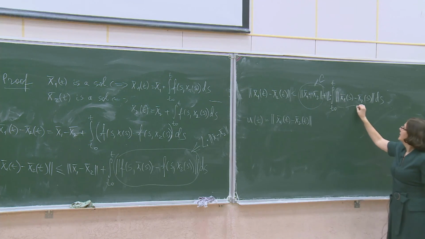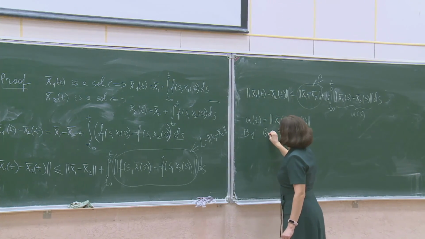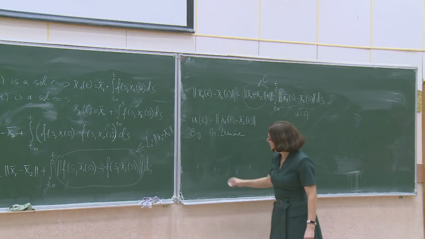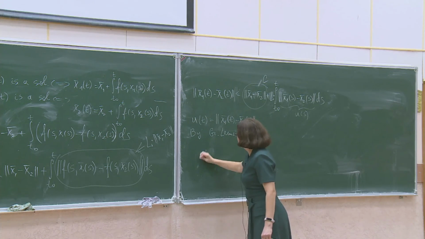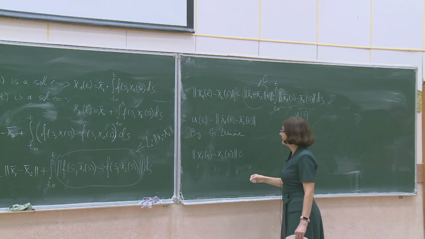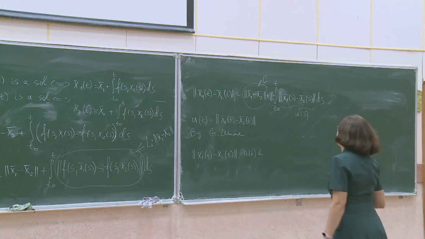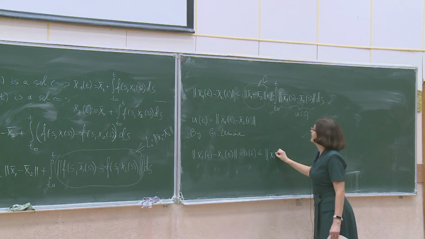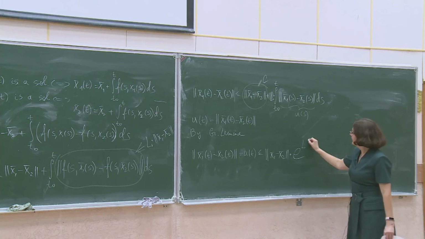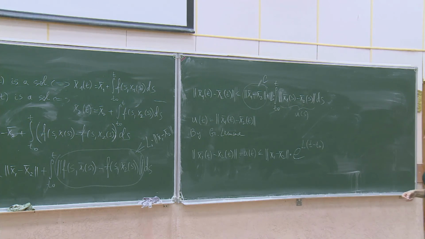It is L times the integral of u of s. By Gronwall's lemma, we have the following: u of t, the absolute value of x1 of t minus x2 of t, is less than or equal to c, by Gronwall's lemma, but our c is x1 minus x2, times e raised to the power L times t minus t0.